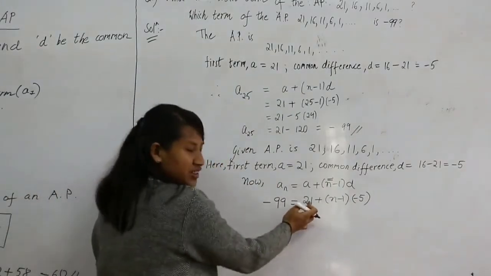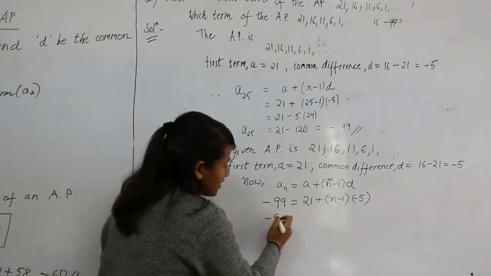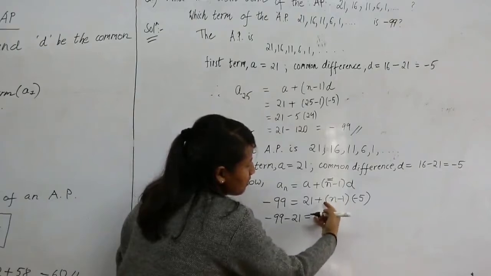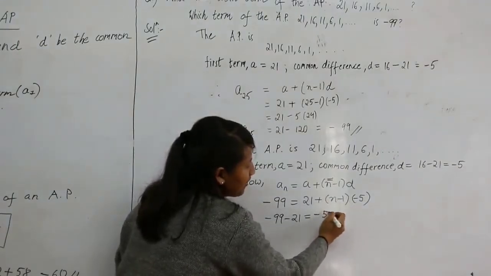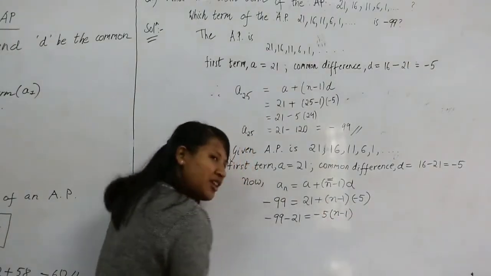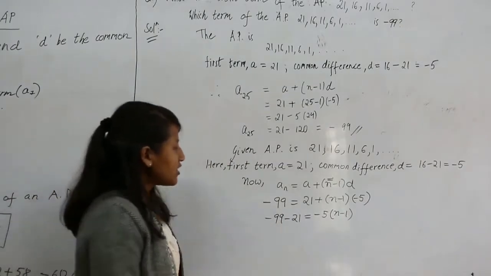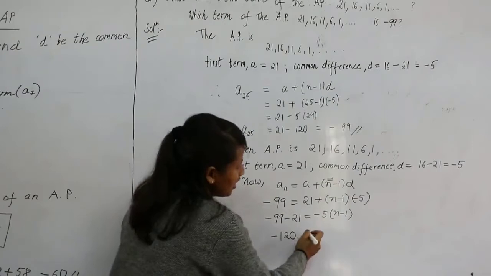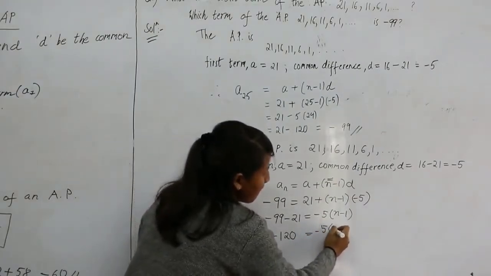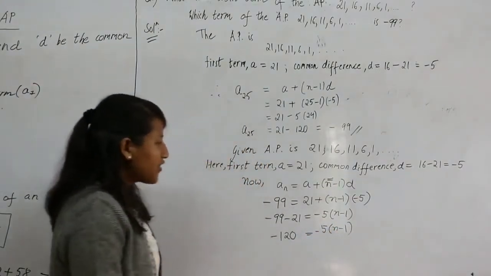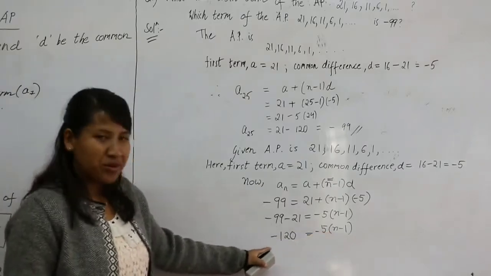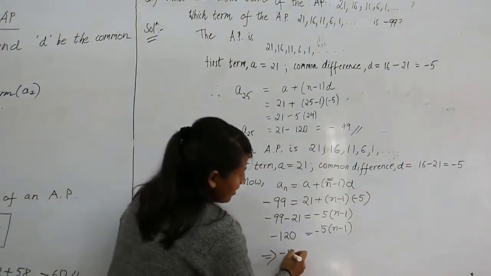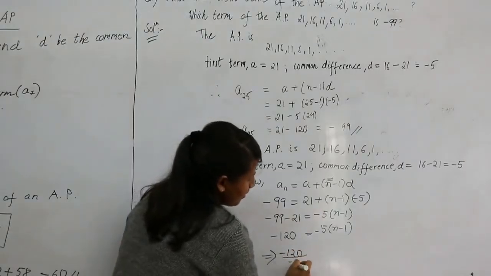Then you can transfer this to the other side. So minus 99. This one is plus into minus, which is minus 5, and minus 1. So this is nothing but minus 120. After this you bring this down, I mean dividing both sides by minus 5.